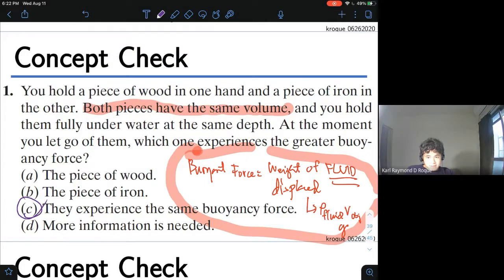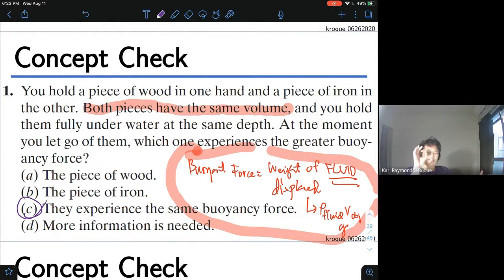Next, what if the shape of the wood makes it such that it has the same volume as iron but has air inside. Again... Hindi, kasi kahit papano, Jeremy, pag ginawa mo yan, ang mag-iiba is yung density ng object itself, no?